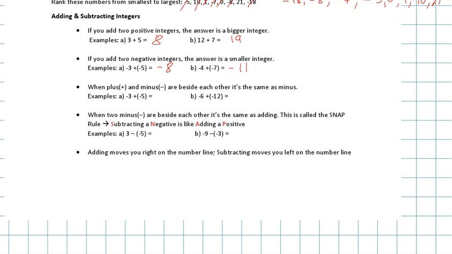Okay. Now, when you have that plus and that negative next to each other, it's the same thing as writing a negative. So I can write this as 3, -3, and then -5, right? Because a positive times a negative is a negative.